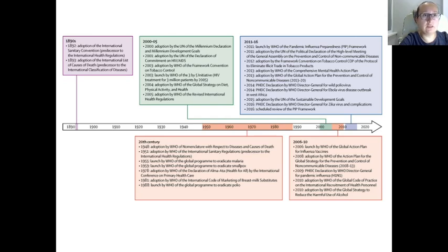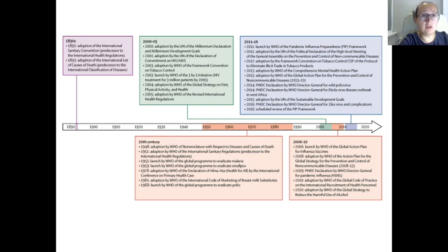In 1966 two agreements were created, the International Covenant on Economic, Social and Cultural Rights and the International Covenant on Civil and Political Rights. So you see the relations which are close to these rights are regulated by these conventions. Also in 1979 the Convention on the Elimination of All Forms of Discrimination against Women was created.